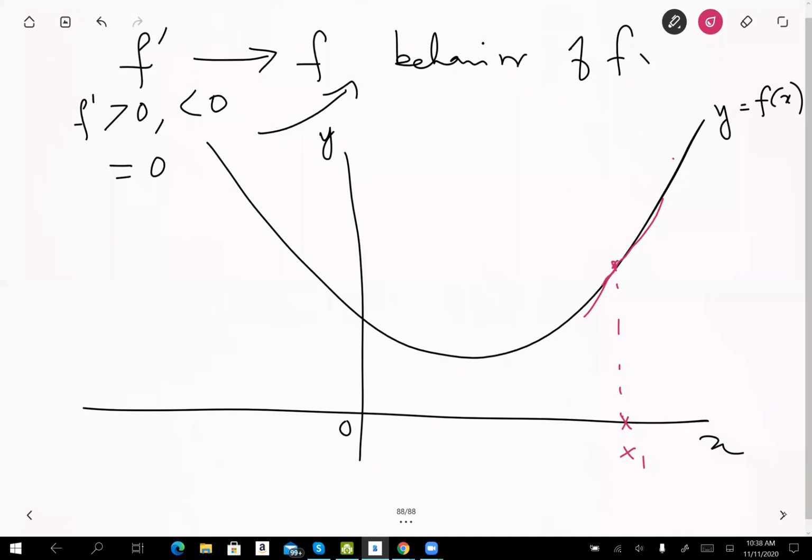Or if I take another point, x2, over that one, what can you say about the derivative or the slope over here? F prime here, f prime over there. What can you say? The common behavior here.